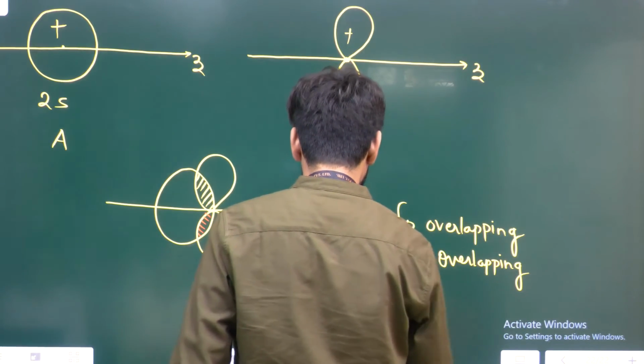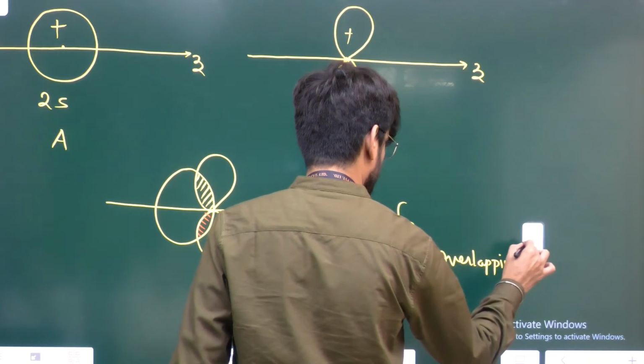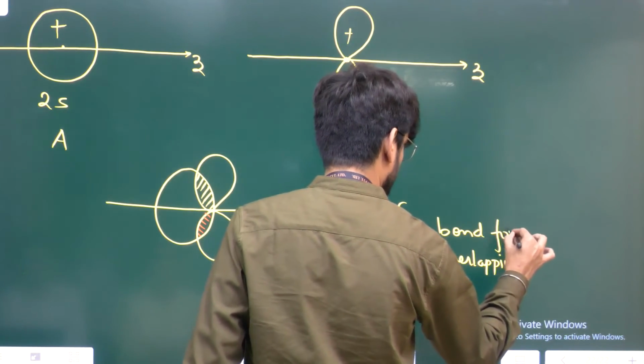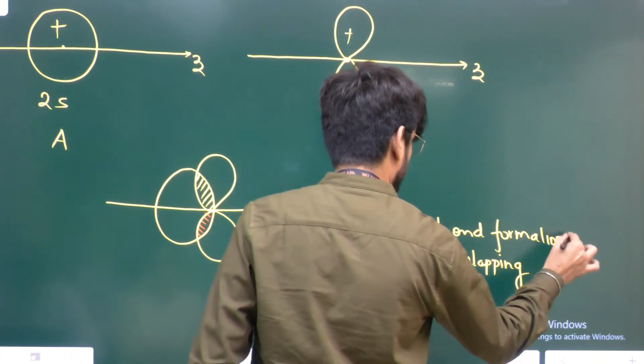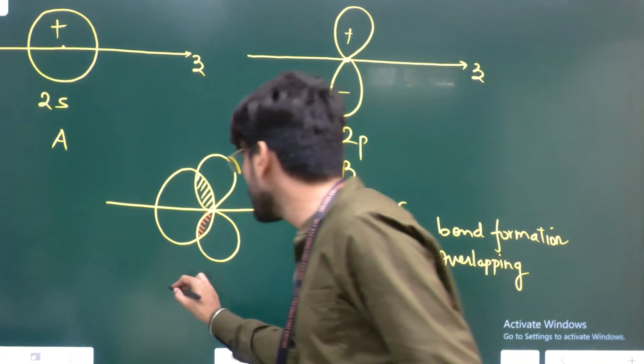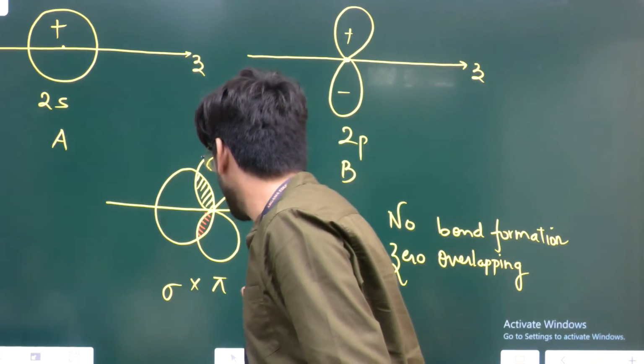You can call it zero overlapping, or no bond formation. Now you may get confused with this where you will talk about sigma. So this is neither sigma nor pi.